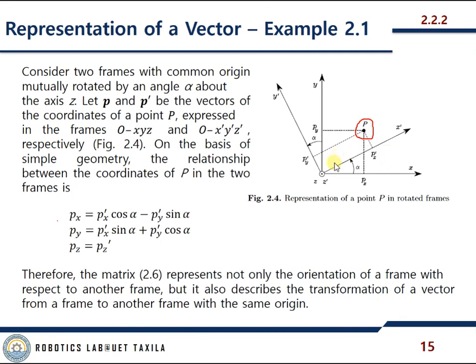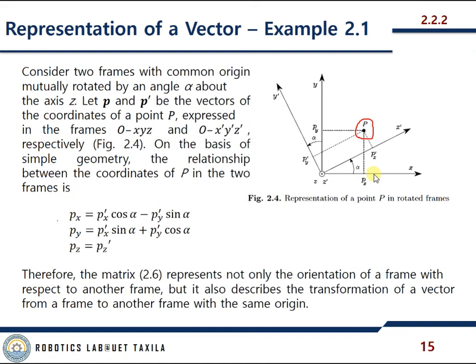So we can represent this Px as Px bar cos alpha. It's going to be from here to here, and then because this is an extra amount, we need to subtract it.